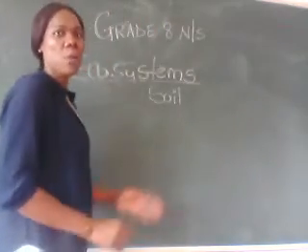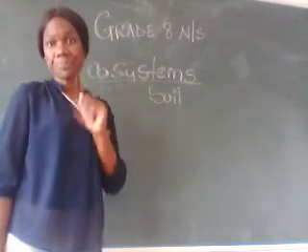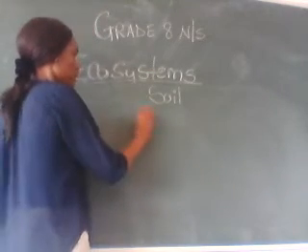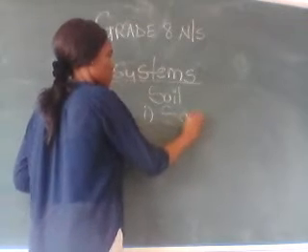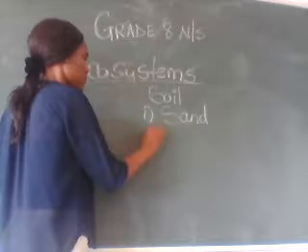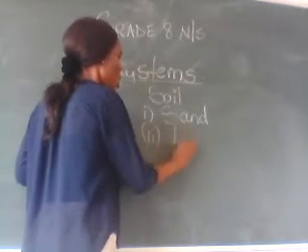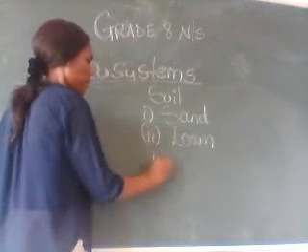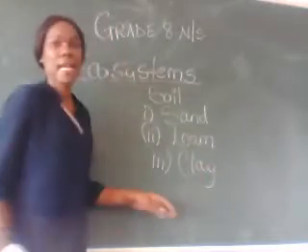All right, our next abiotic factor is the soil, and there are three very important types of soil. We've got the sand soil, we've got the loam soil, and number three is the clay soil.